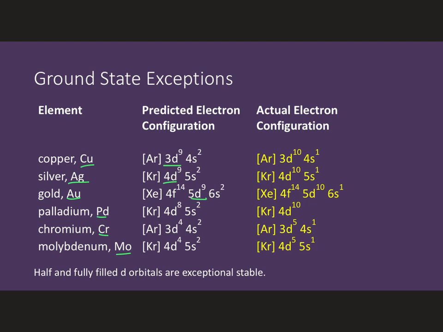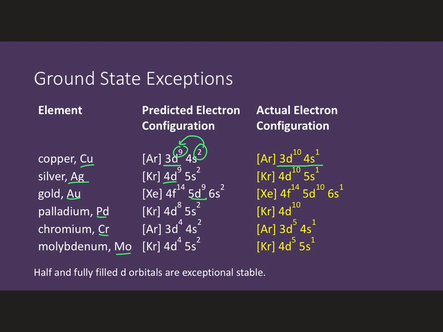But this is where things get a little bit funky, because remember, what we're trying to do is lower the overall energy of the system. And what we find, for example, for copper, instead of 3d9, is that it has pulled one of these s electrons into that d orbital so that we end up with a final configuration of 3d10, 4s1.